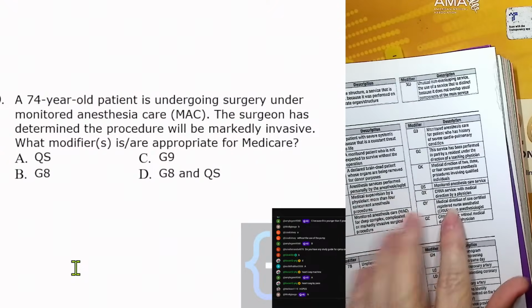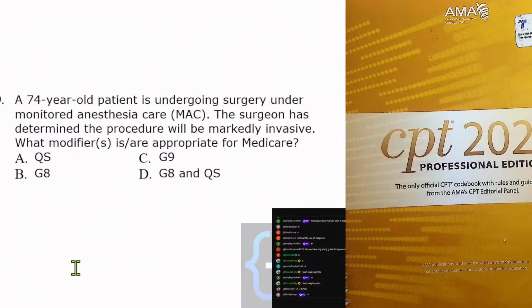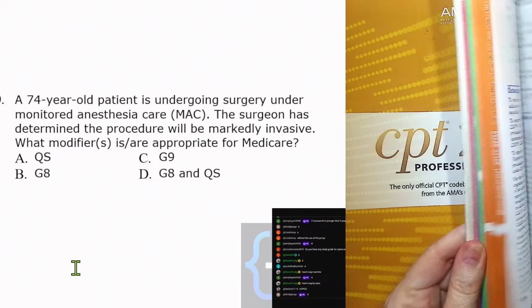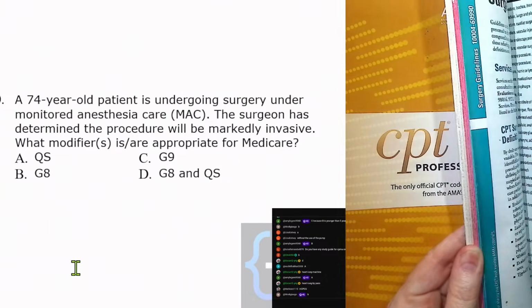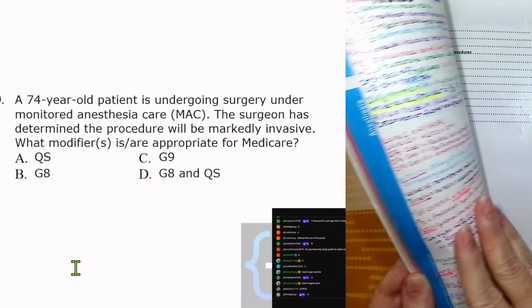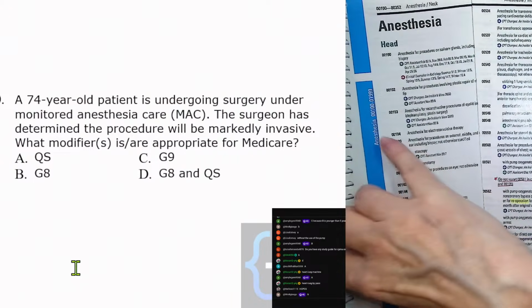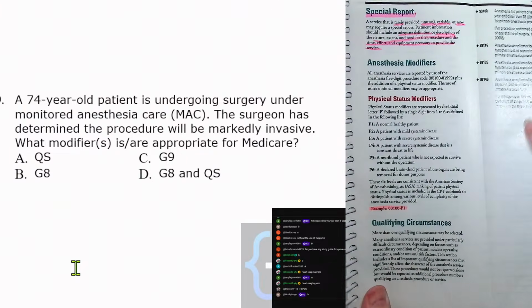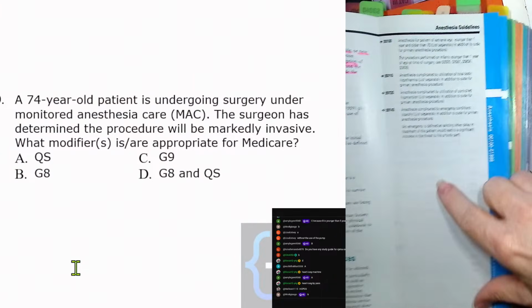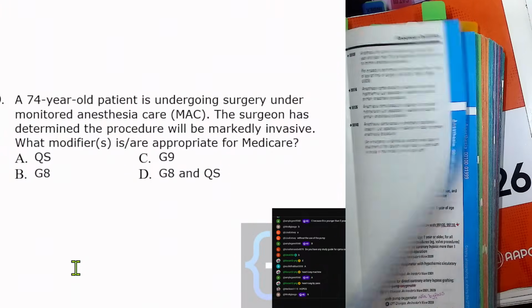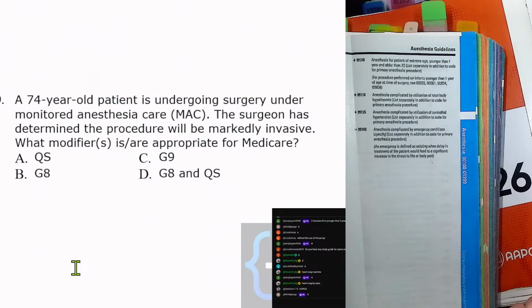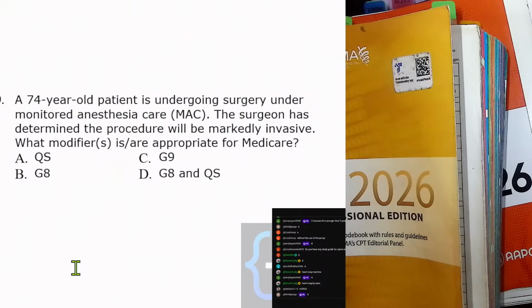And if you don't know that this is where they're located, it could be very traumatic during your exam trying to figure it out. What I like to do is go to my anesthesia page section, and where I've got some space right here in my anesthesia notes area right before the codes, I'll write in all of those modifiers right there.